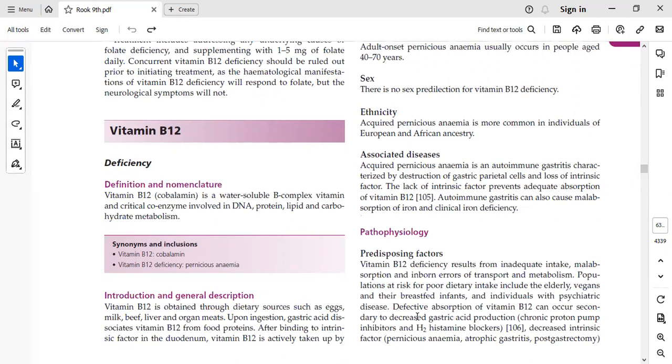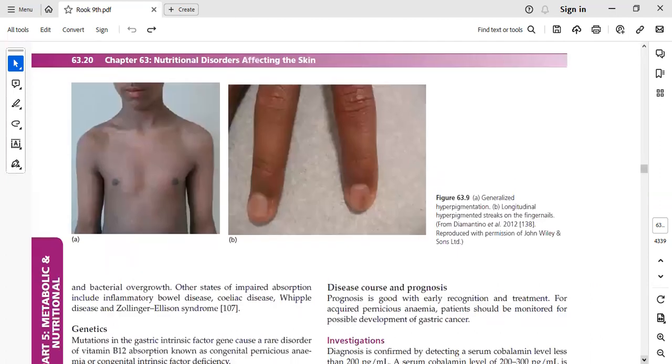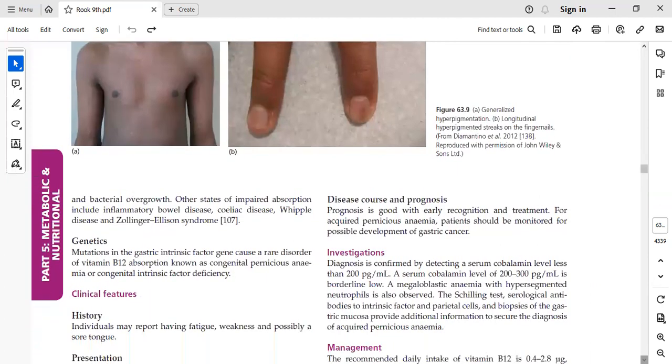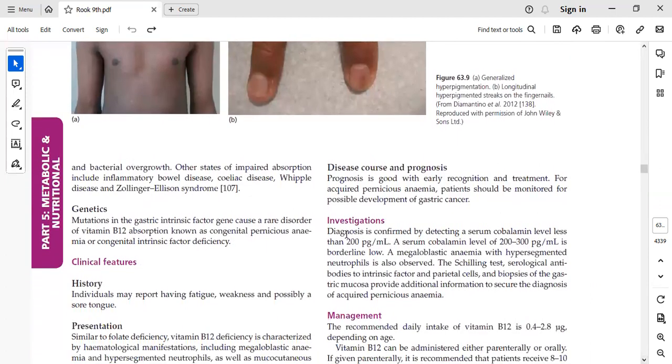Also, it is common in those who take antacids, like the patients who are on chronic PPIs and H2 histamine blockers, because there is decreased gastric acid production in these patients, which prevents the dissociation of B12 from the food, hence decreased availability of B12s in the peripheral tissues. And in case of chronic diarrhea, such as in IBD or in celiac disease, Whipple disease, and Zollinger-Ellison syndrome.